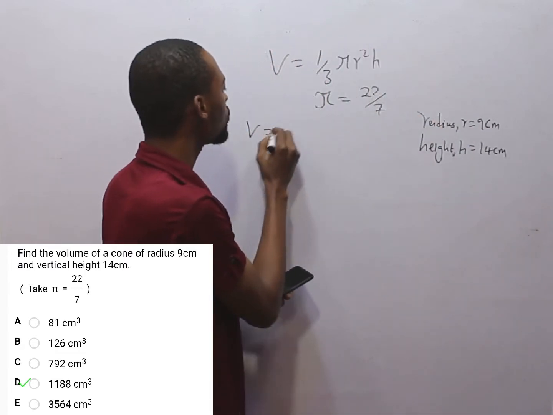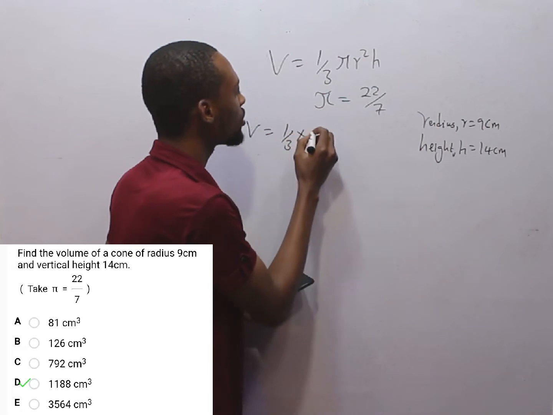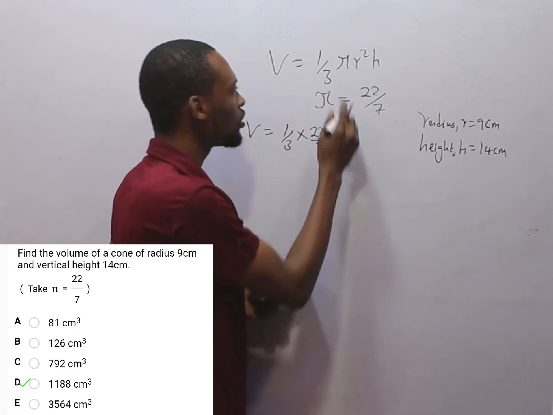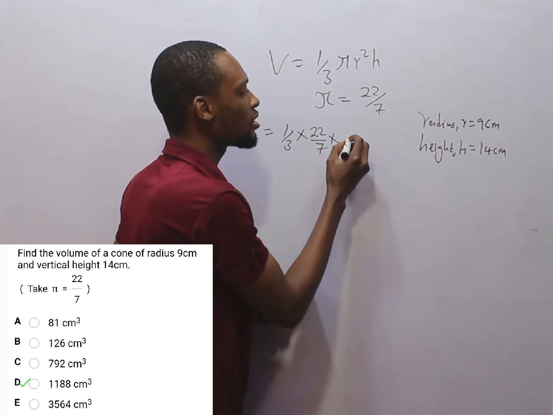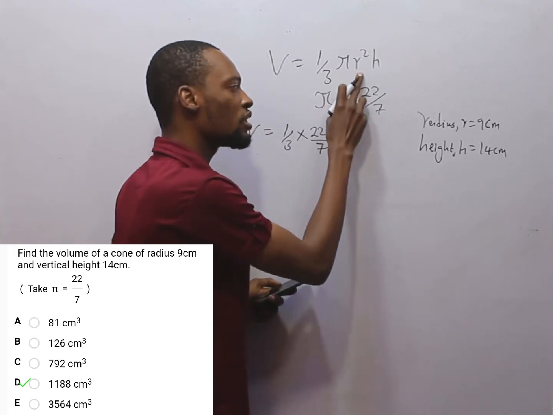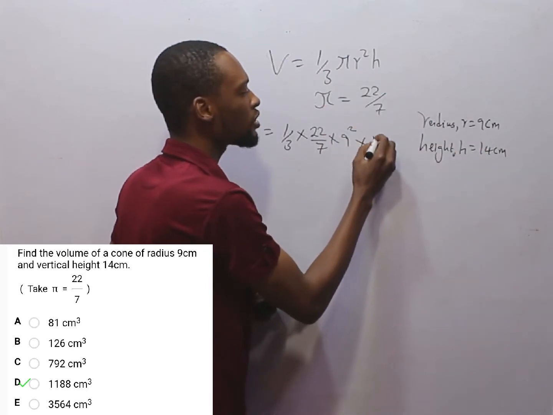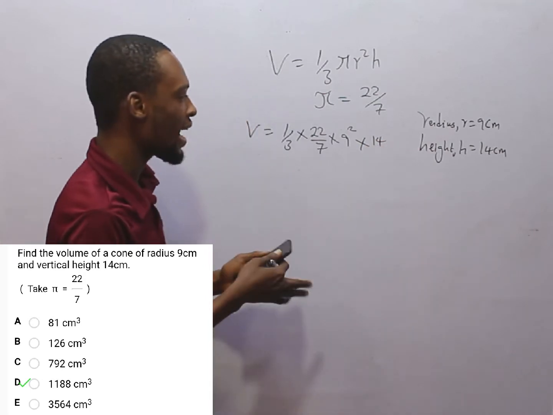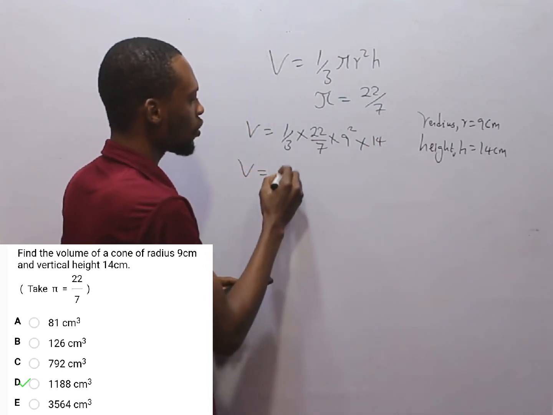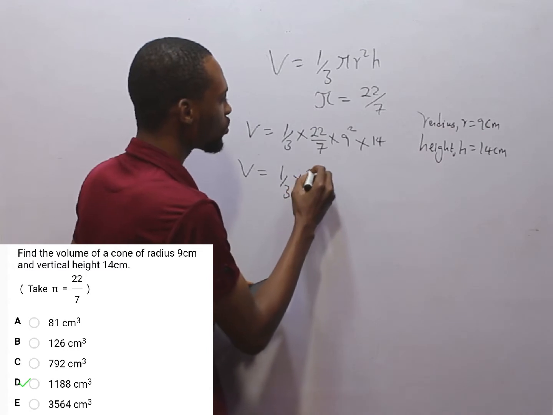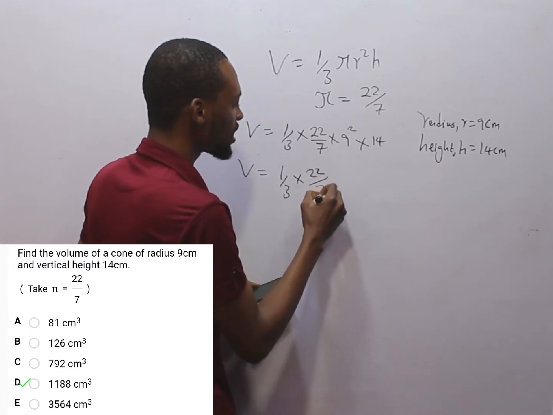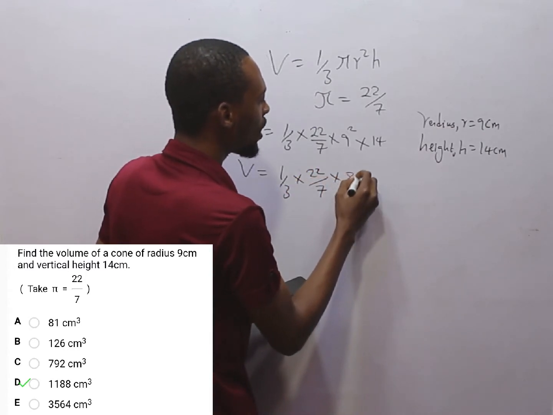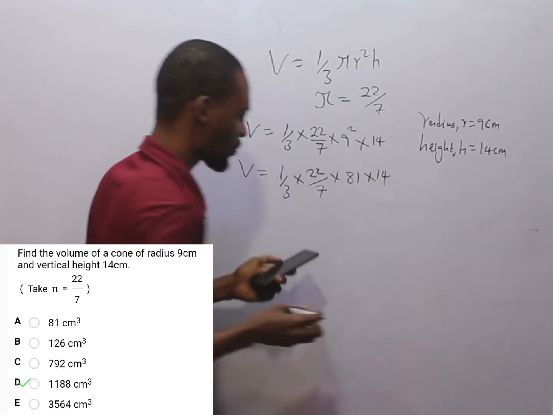So V is equal to 1/3 times 22/7, which is pi, times 9 squared, which is r squared, times 14, which is the height. This is the same thing as 1/3 times 22/7 times 81 times 14.